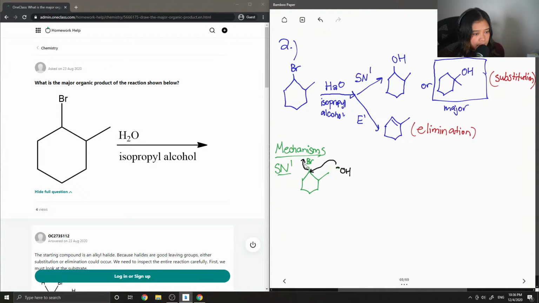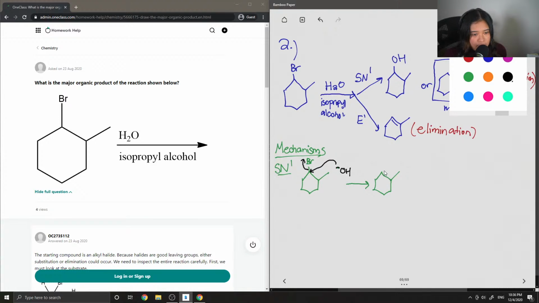Then it just attacks right there and kicks off the bromine. And then this is how we get our first product.